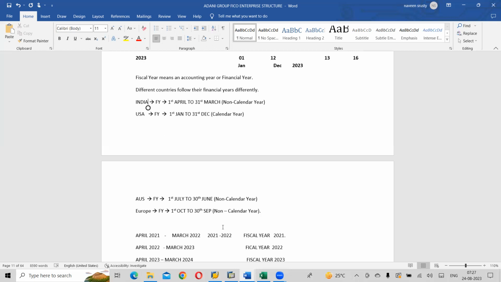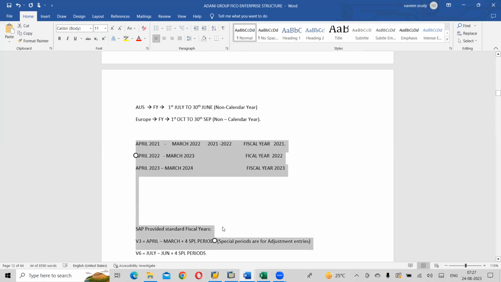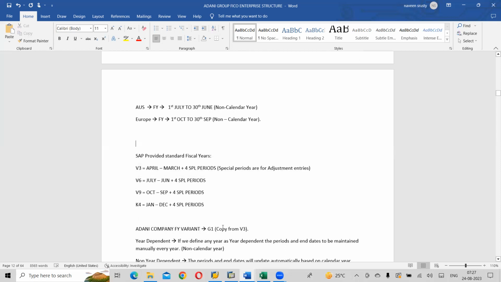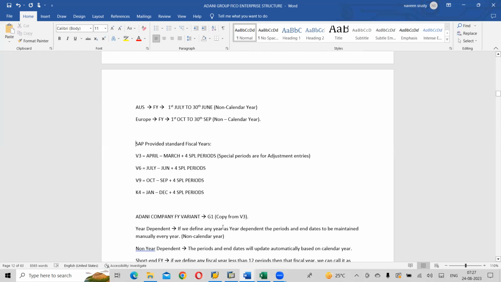Okay, so we have some standard variants here. SAP has provided some standard variants. What do you mean by a variant? Last time we discussed, right? We saw the COVID variant. Variant means we combine different attributes, different features under one.